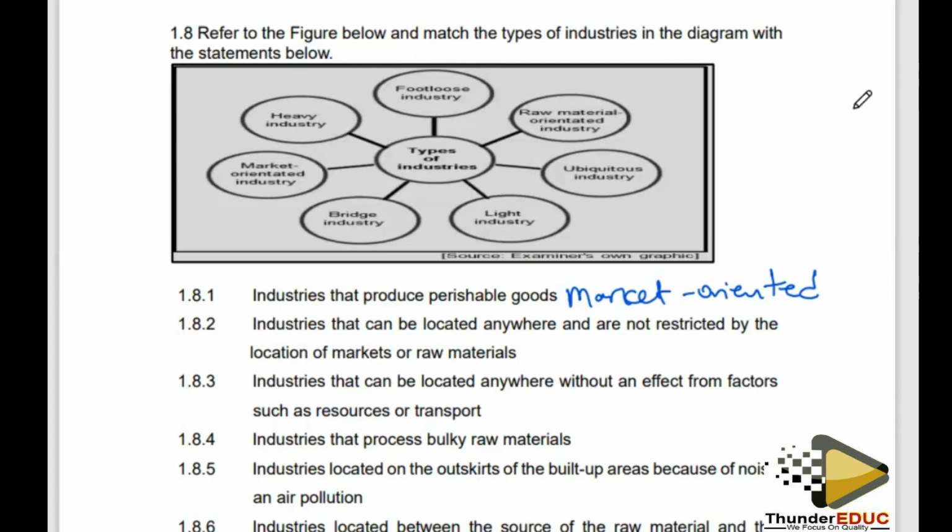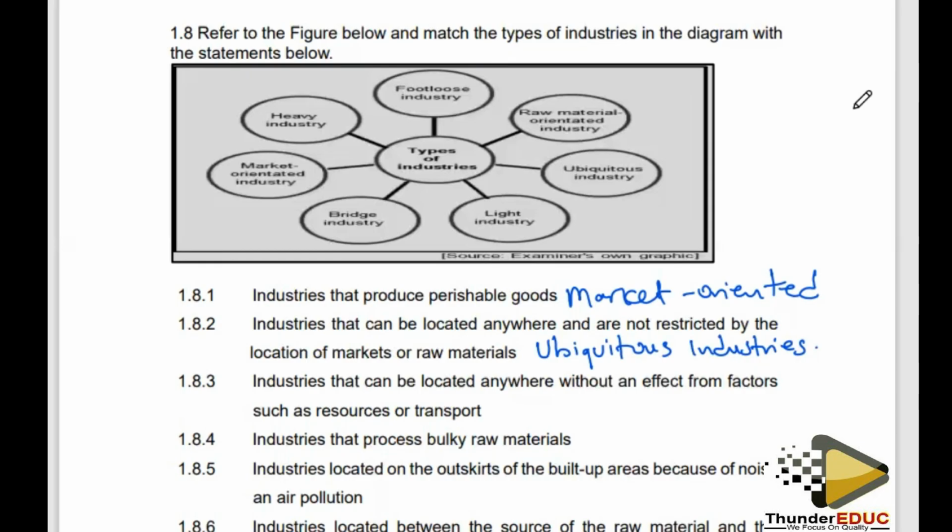Industries that can be located anywhere and are not restricted by the location of markets or raw materials. And this is going to be the ubiquitous industries. Ubiquitous, because we know their location is not influenced either by market or by raw materials, so they can locate anywhere.